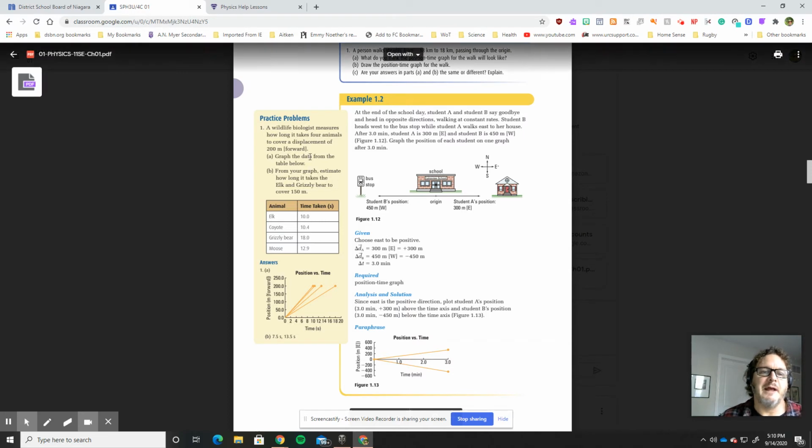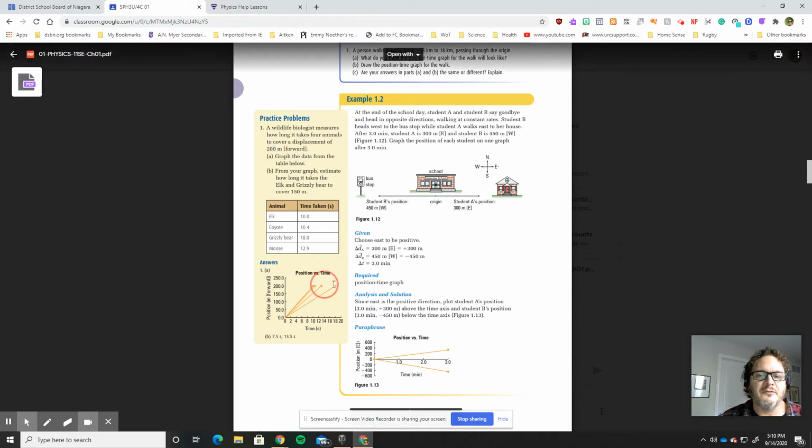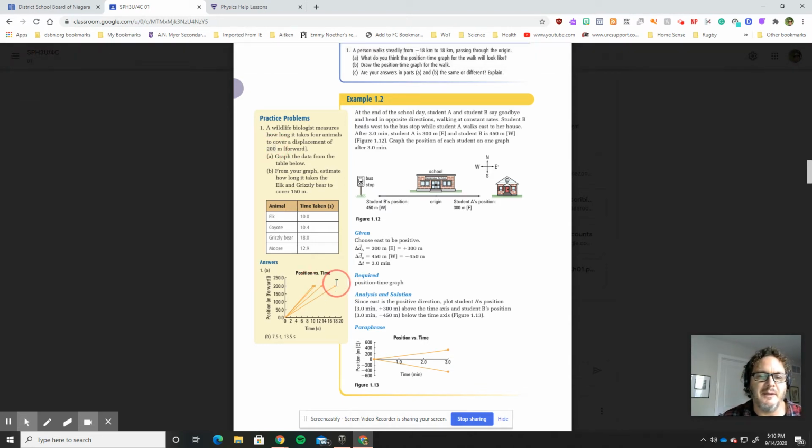So if you take a look at the practice problem again, here are 4 different times for these different animals to go a set distance of 200 meters. So they all go 200 meters in different times. The slowest animal here, the bear, took the longest time, and you notice that slope is the least steep.